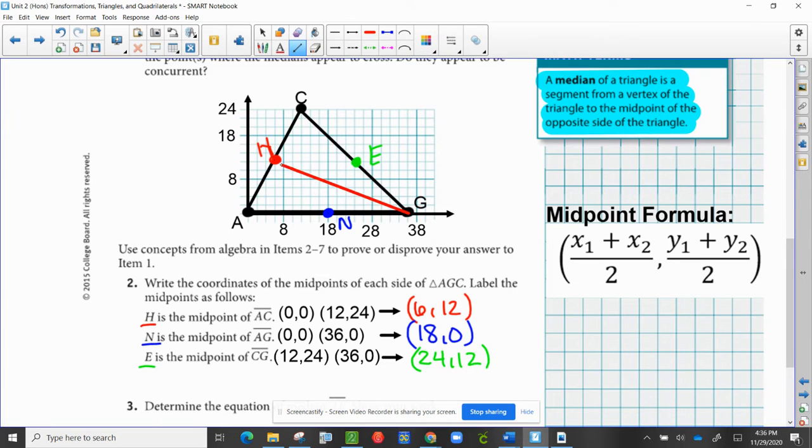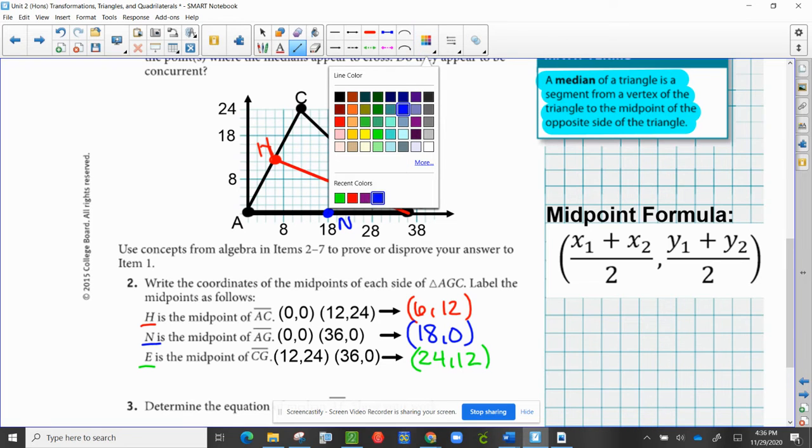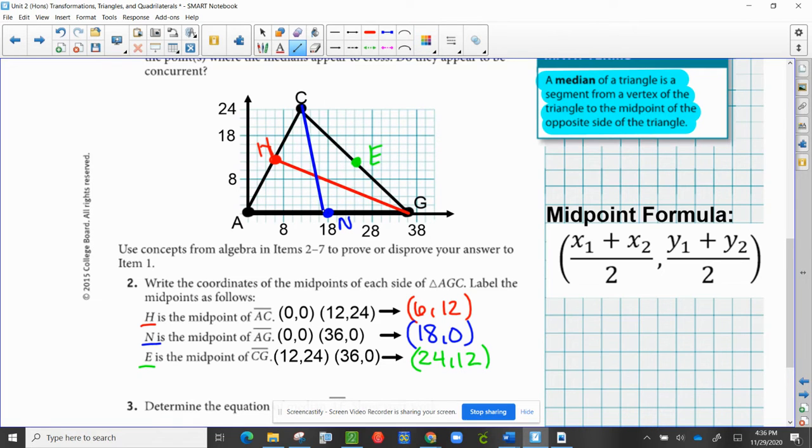It's from G, we'd go across to H. Similarly, I would do the same thing with C to N. And lastly, our last median from A to E. So remember, the point of concurrency is where all 3 of those medians intersect. Now, my lines might not be the most straight because they should intersect at the same point. But we're going to get to that.